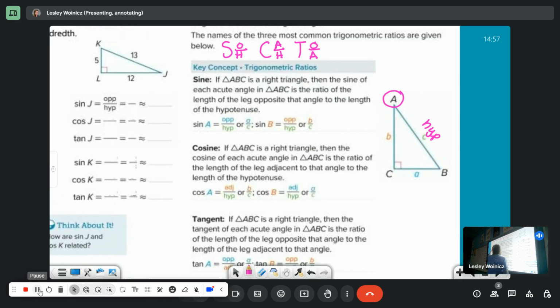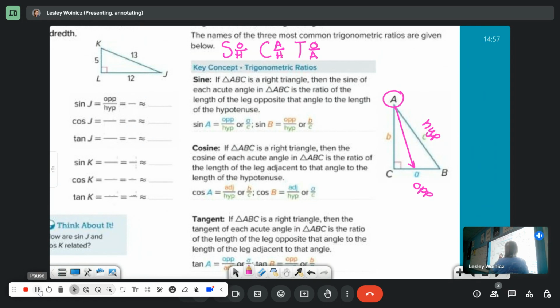If I look directly across from angle A, I see side A. That's my opposite side. So if I wanted to make the sine ratio for angle A, it would be the opposite over the hypotenuse, or little a over little c. Does everybody see where that came from?